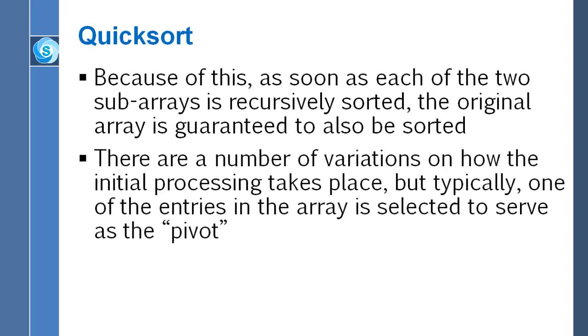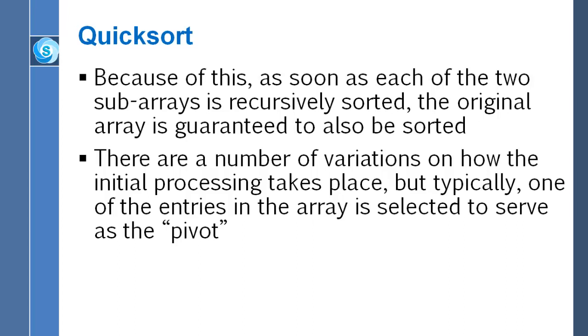In order to arrange that all of the entries in the first part are less than all the entries in the second part, the traditional way to do that is to select one of the entries in the array to play the role of a pivot.